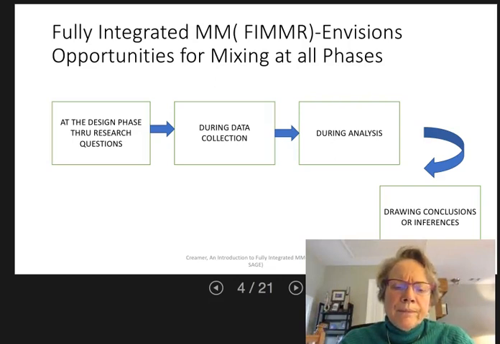Most people, or most of the foundational voices, seem to really assume that mixing in mixed methods mostly occurs at the final stage when you draw conclusions.